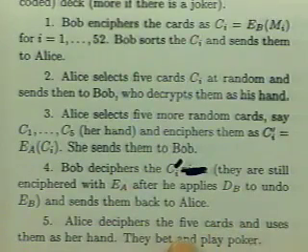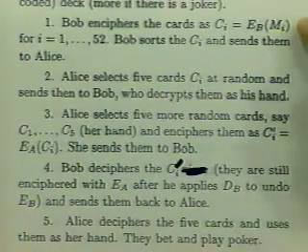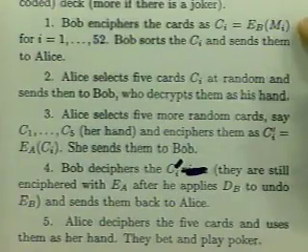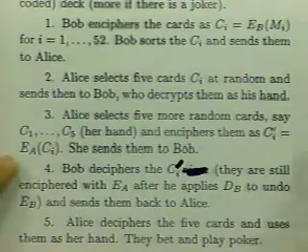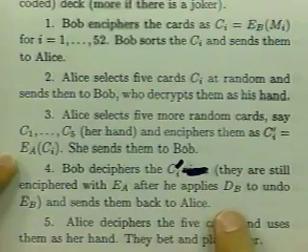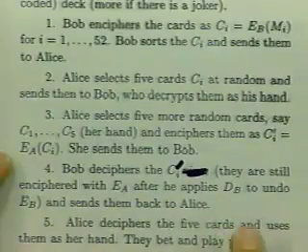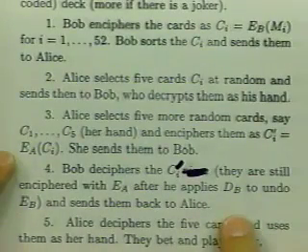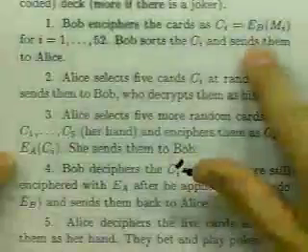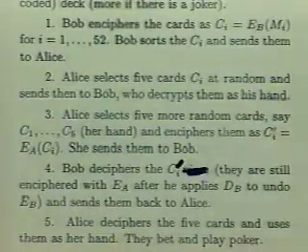Sorry, let's try this again. They were first enciphered with EB, that's on the inside. Then they were enciphered with EA. Now Bob applies DB, but DB and EA commute with each other. You can reverse the order. So you get EA of DB of EB of MI. And the DB undoes the EB.